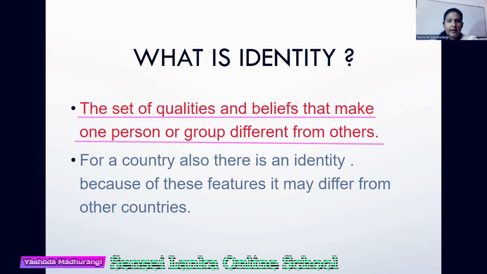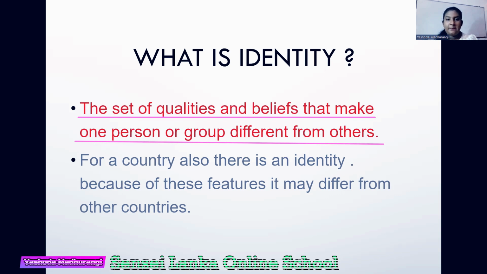Do you know Japan? What is the identity of that country? Sakura flower. When we remember Sakura flower, we remember Japan. Like that, in Sri Lanka, we can connect it with Buddhism.